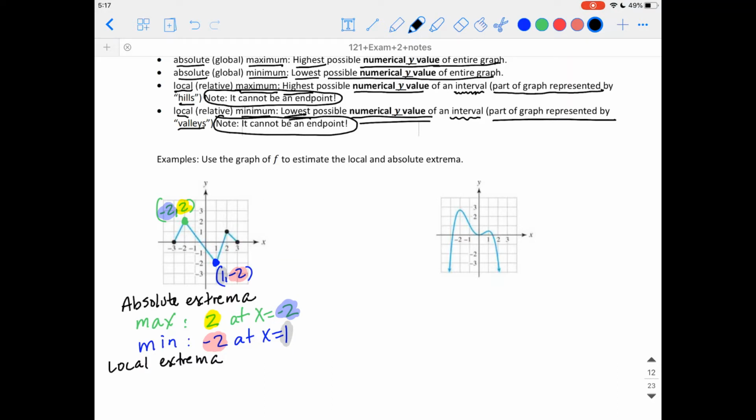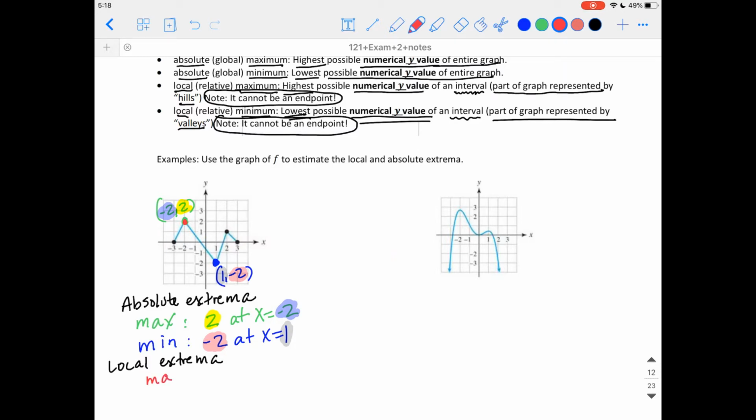So here on this one, for our local max, I'm gonna put another point right here. If I'm just looking at the left part of the graph, I'm gonna have a local extrema right here.